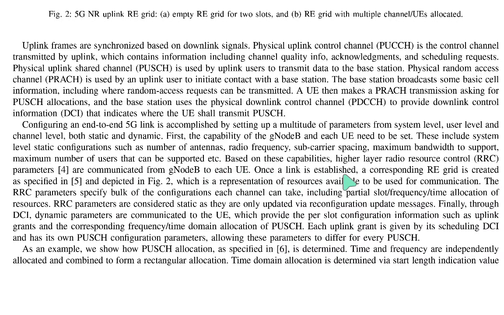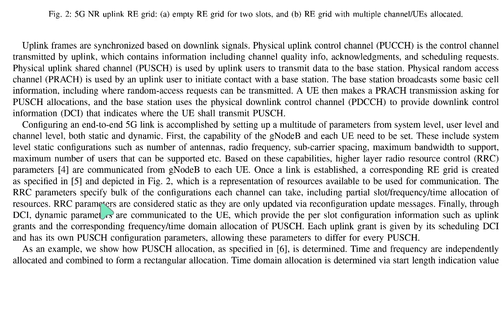Once the link is established, the corresponding RE grid is created as specified in the snippet in figure 2, which is representative of the resources available to be used for communication. The RRC parameters specify the bulk of the configuration each channel can take, including partial slot frequency, time, or location of resources.